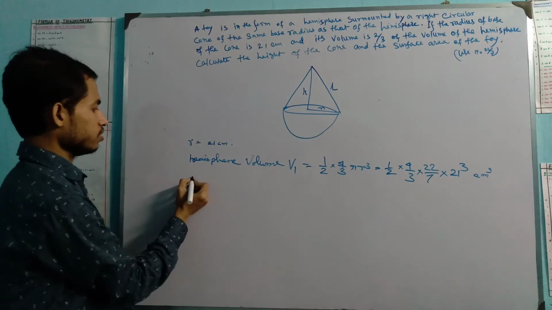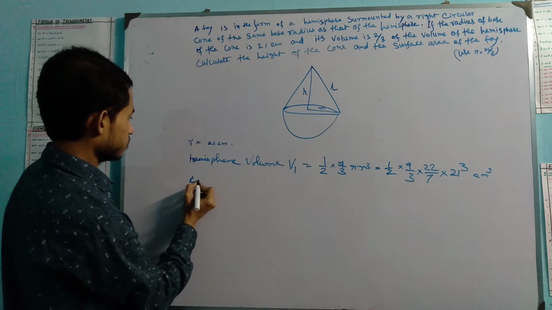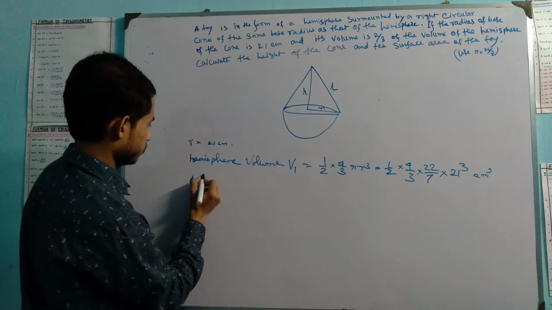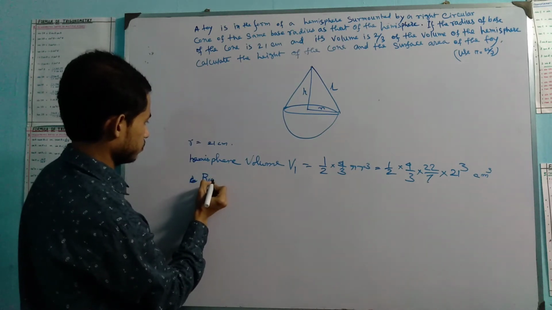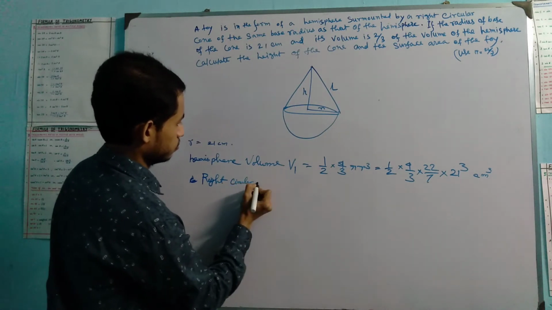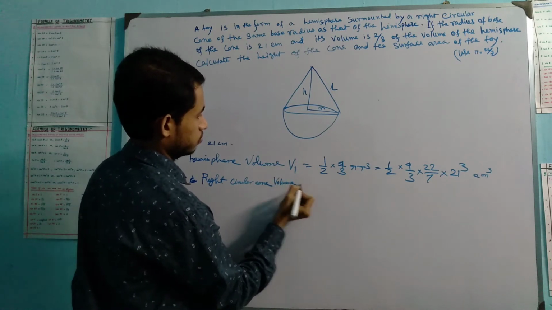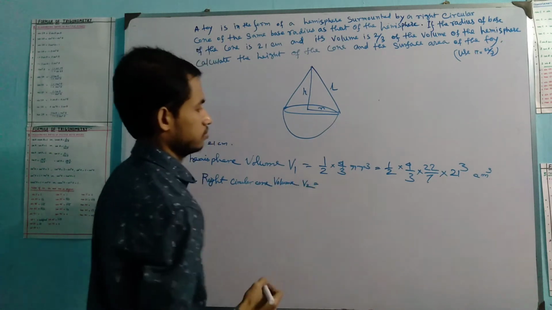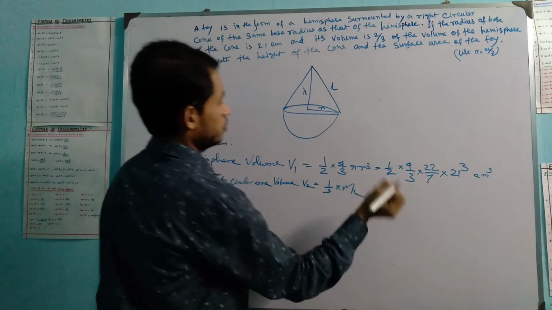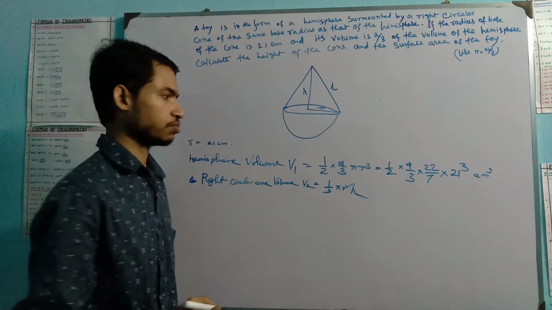Now we get the volume of the cone as given by the formula, where r is the radius of the cone base and h is the height of the right circular cone.